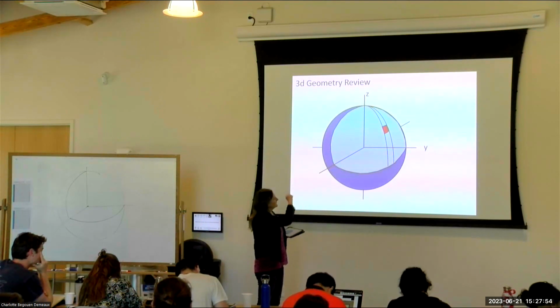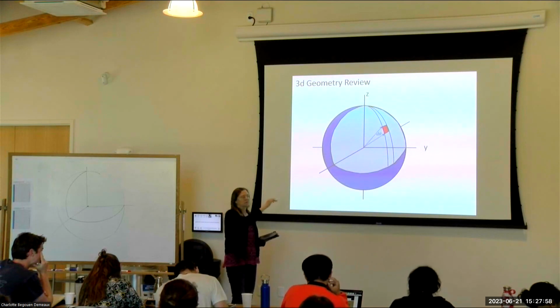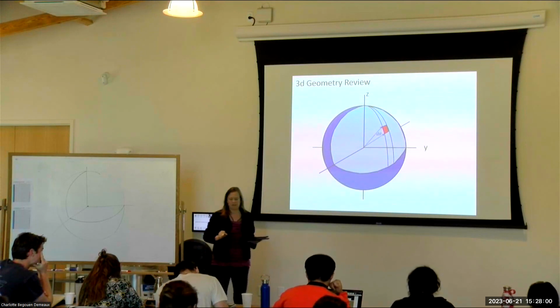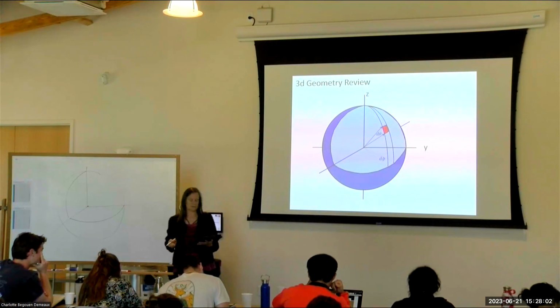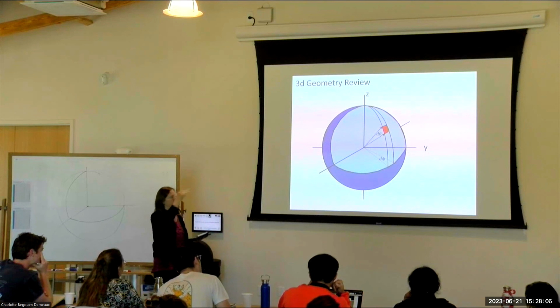So there's our little area, and that little area is defined by some small increment of theta and some small increment of phi, projected onto the sphere.